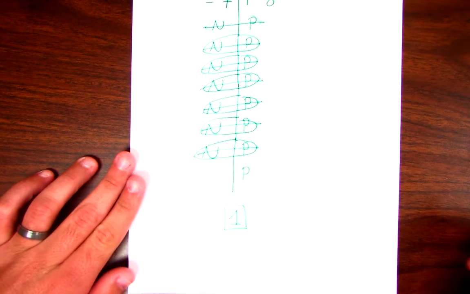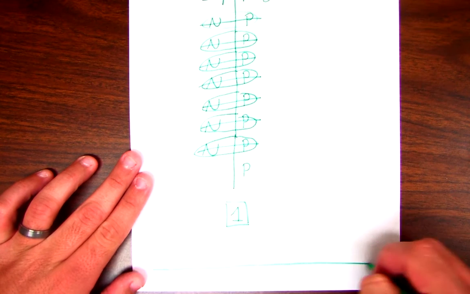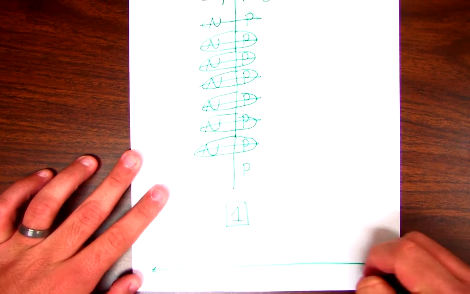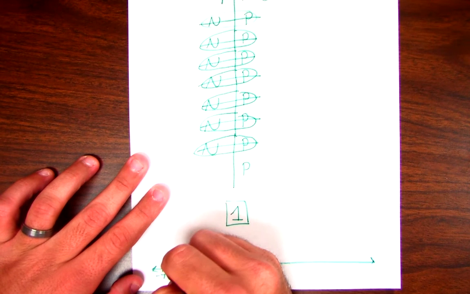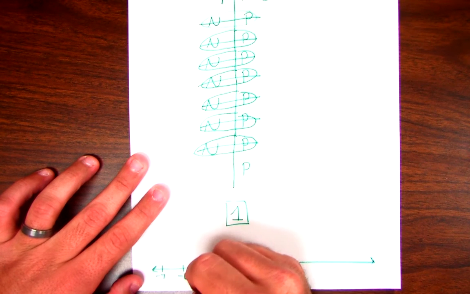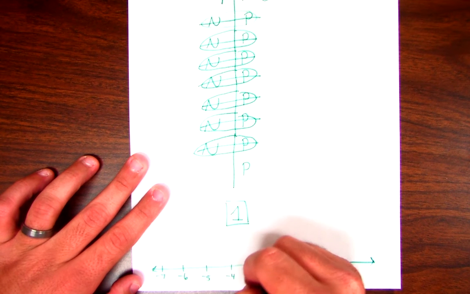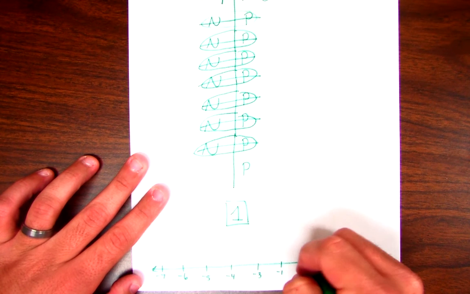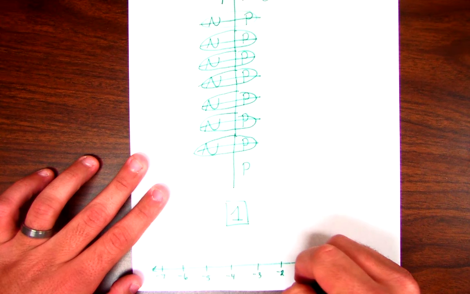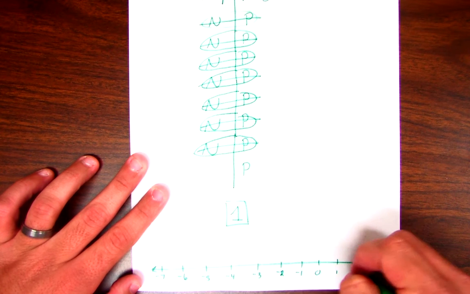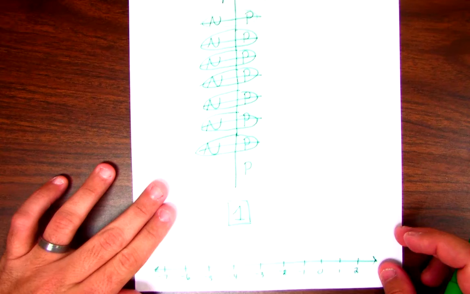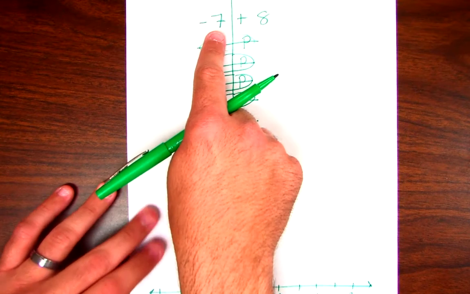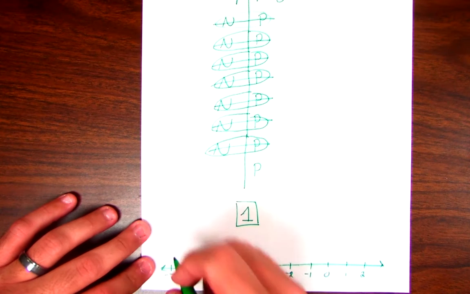Here's what it's going to look like on a number line. Okay. So where are we going to start at? We're going to start at -7. So I'm going to put a dot here at -7.